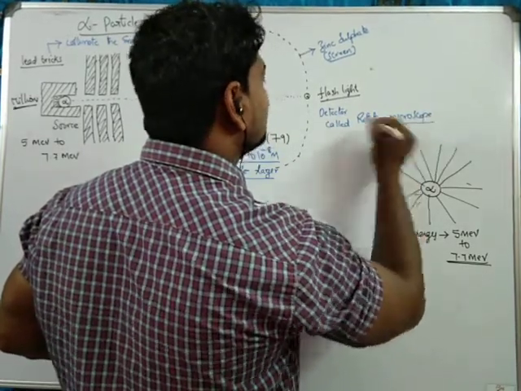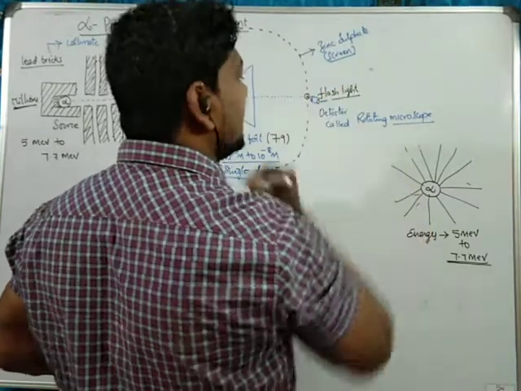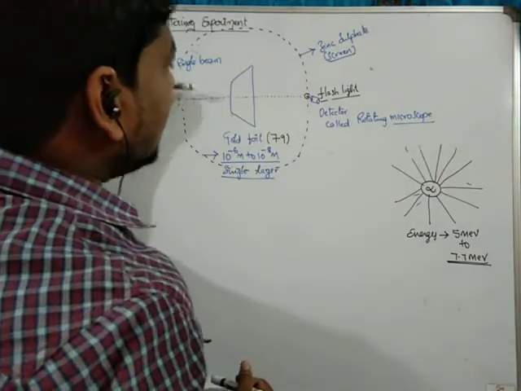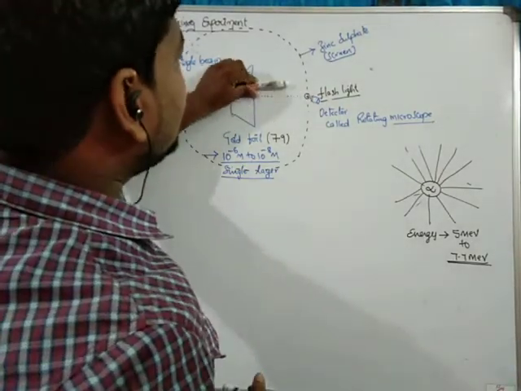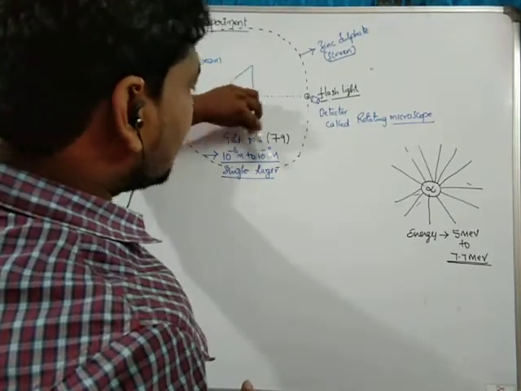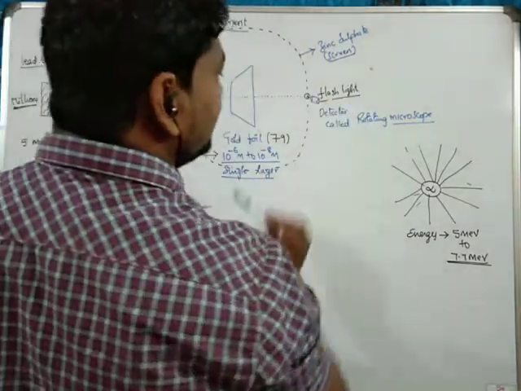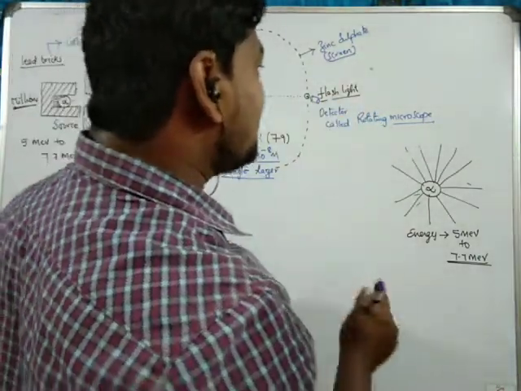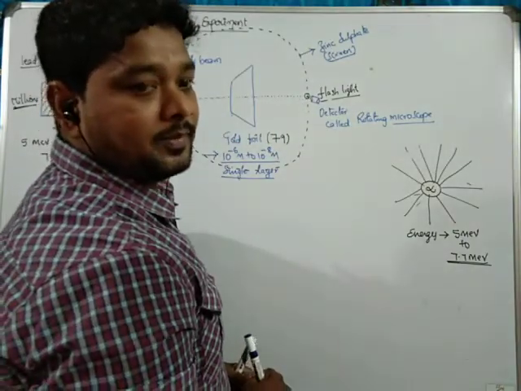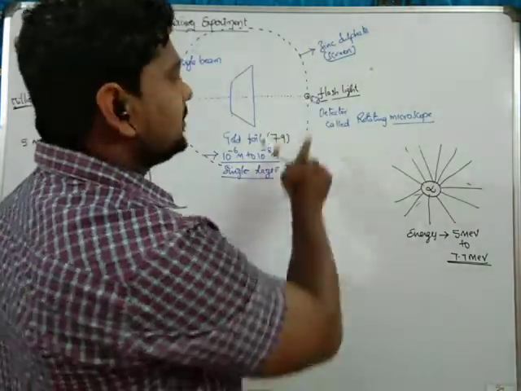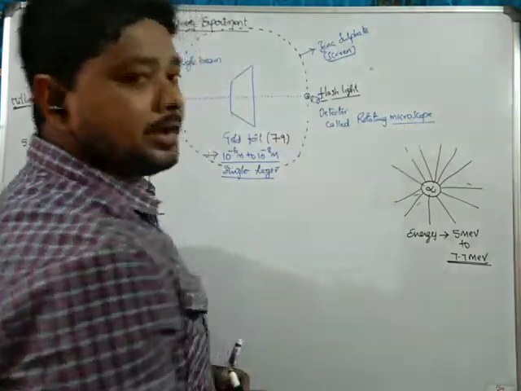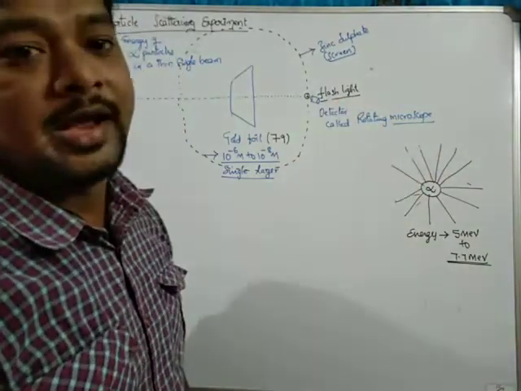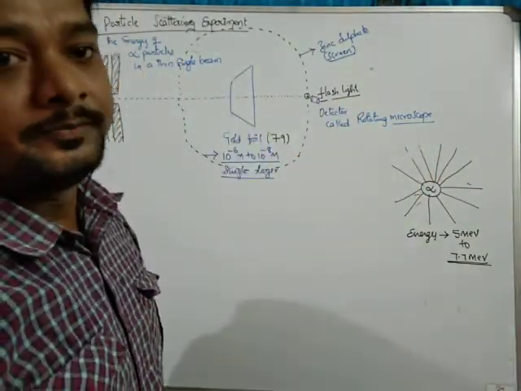Whenever we are releasing some energy, either it will move in a straight line or it will deviate and strike at any point. Whenever it strikes, it gives us some flashlight. But we cannot observe this flashlight with our naked eyes, so to detect it we use a rotating microscope. With the help of the microscope, we can detect how many strikes, how many flashlights we have.